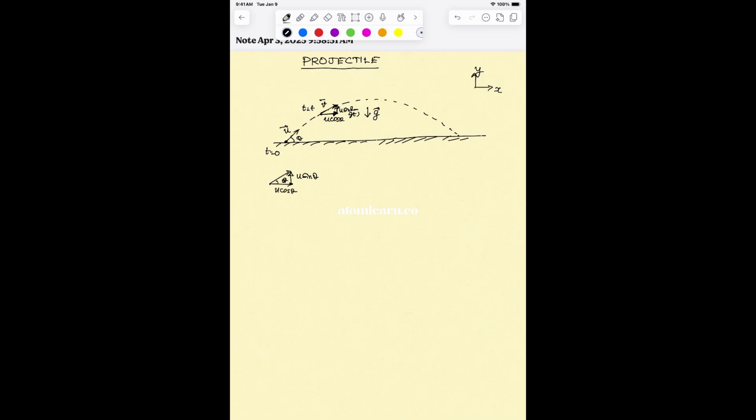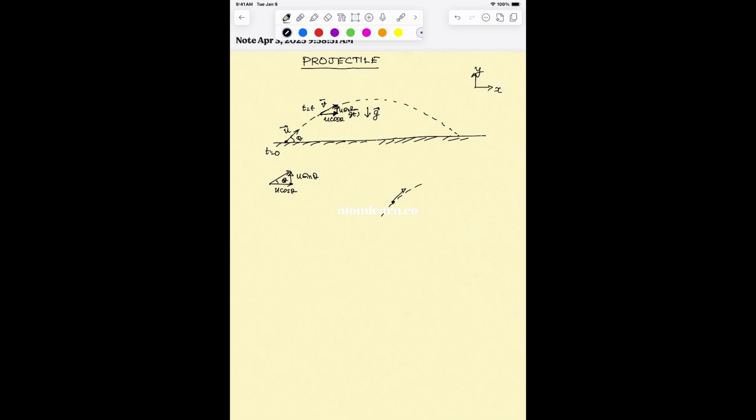So let me just draw it bigger. Now at this particular point, let me show the magnified picture. This is the path curve at that point. Then we draw a small tangent to the curve at that point.